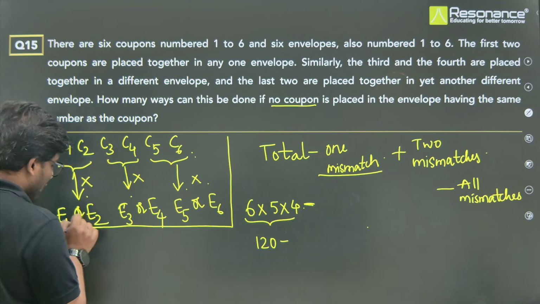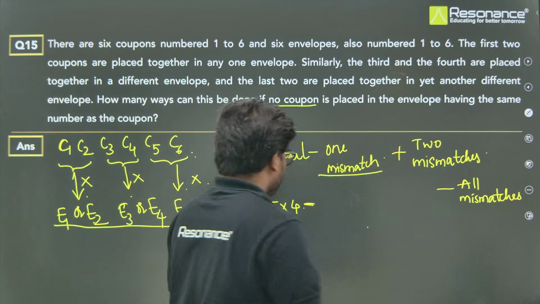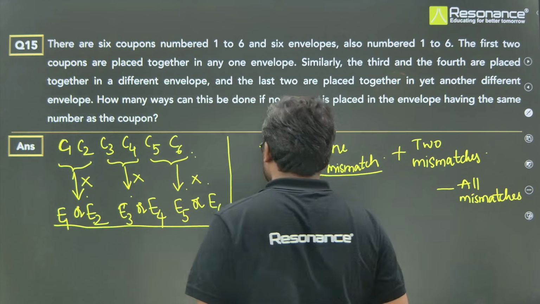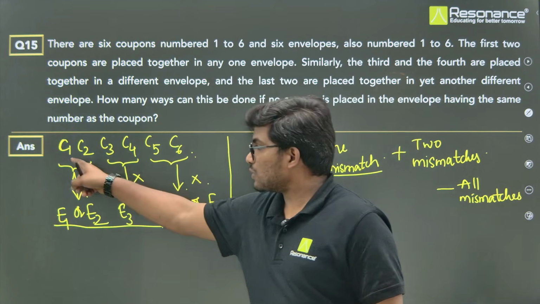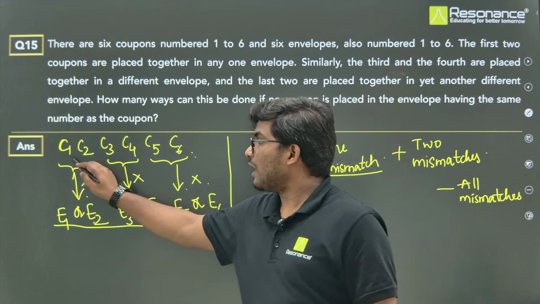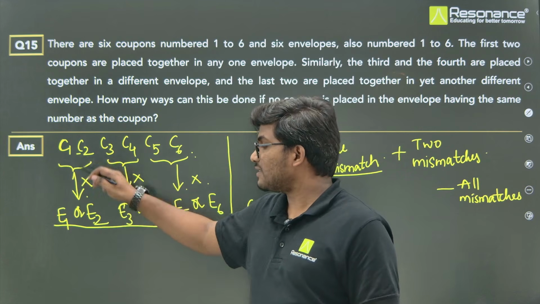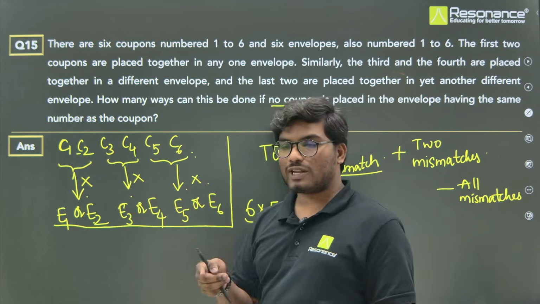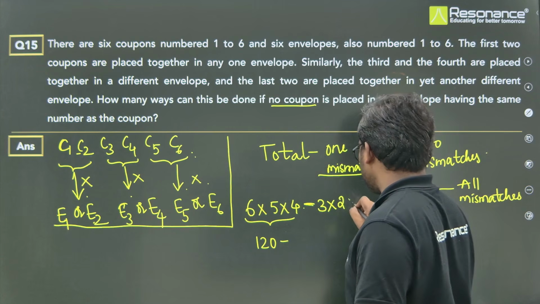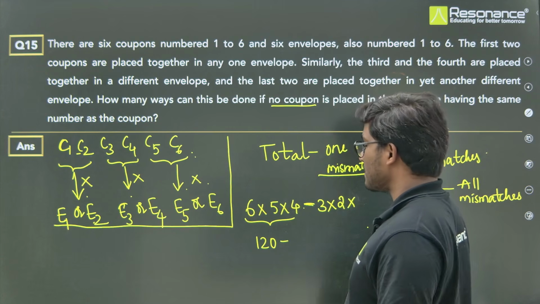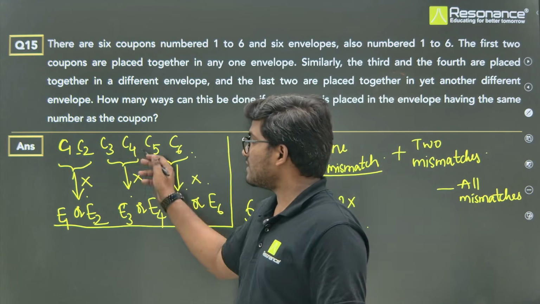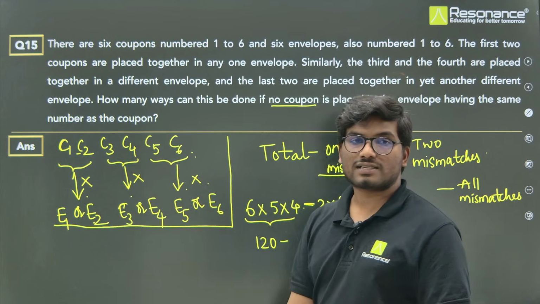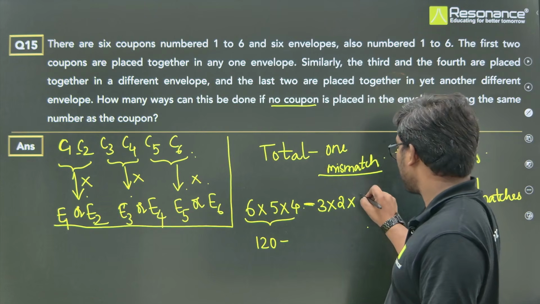When this goes to E1 or E2, so let's write down 3 first. When this goes to E1 or E2, how many ways does it have? C1 and C2 going to E1 or E2? 2 ways, either E1 or E2, right? After those 2 ways, C3, C4 can go to any of the other envelopes, so 5 ways.